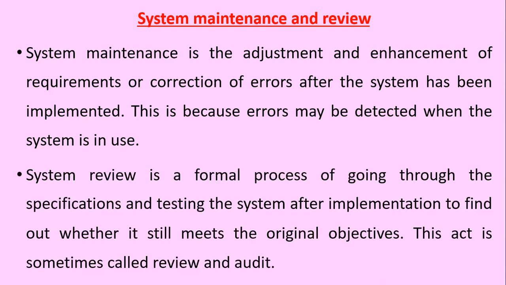The system review is a formal process of going through the specifications and testing the system after implementation in order to find out whether it still meets the original objectives. This act is sometimes called review and audit.